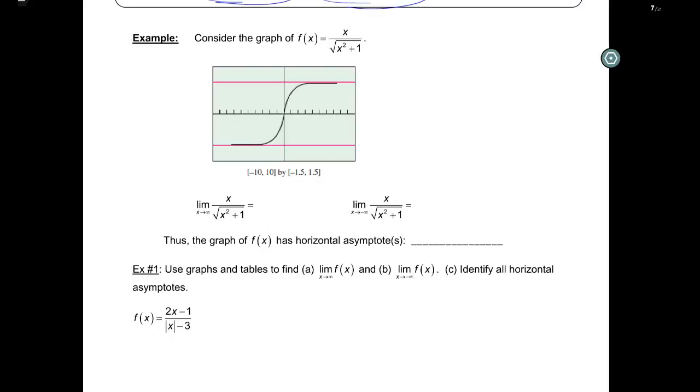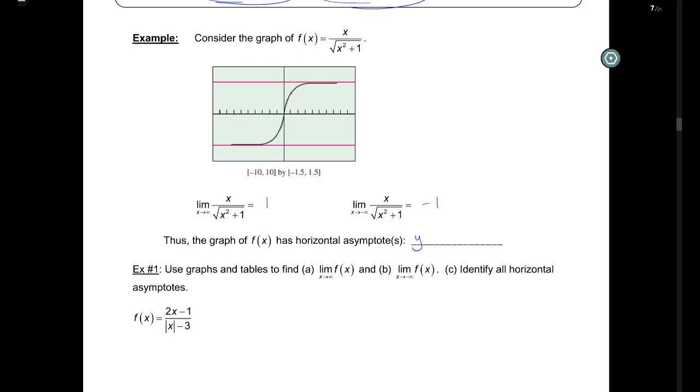This is like one of those rare cases where we approach from the right, we get 1, and approach negative infinity, we get negative 1. So negative infinity approaches negative 1. Like I said, usually we don't have 2 horizontal asymptotes, but it can happen. So that means we have 2 horizontal asymptotes.